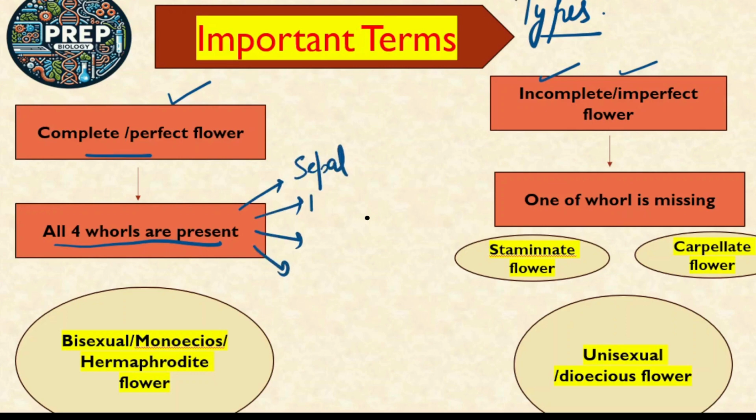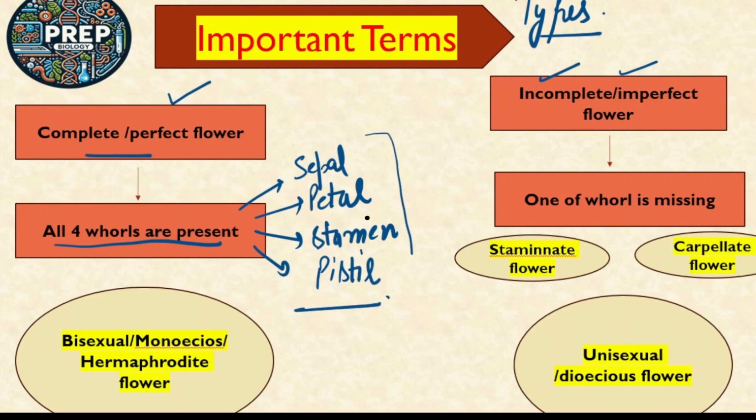Sepal, petal, stamen and pistil. So when all four whorls are present in a flower, that flower is called a complete or perfect flower. Now, what do you mean by an incomplete or imperfect flower? When one of the whorls is missing, that is called an imperfect or incomplete flower. Is it clear?